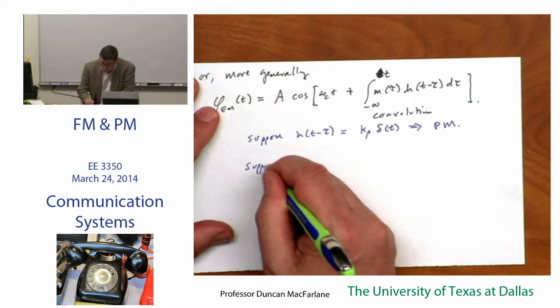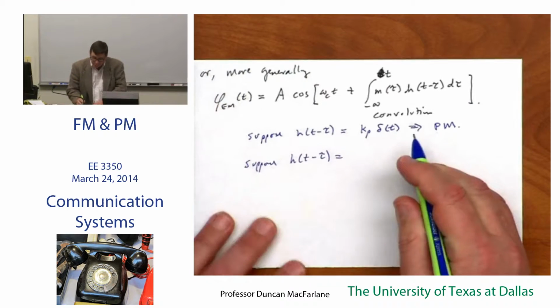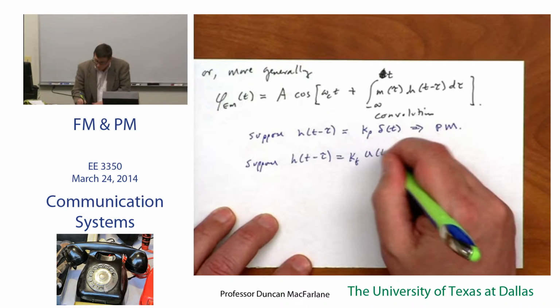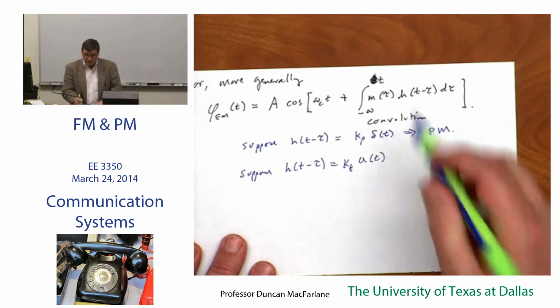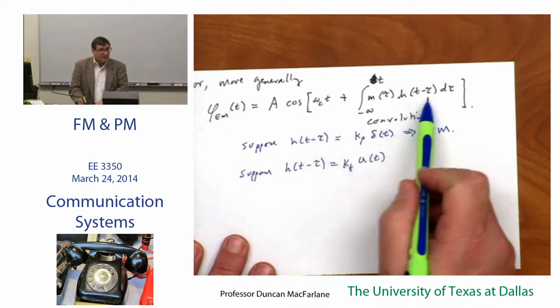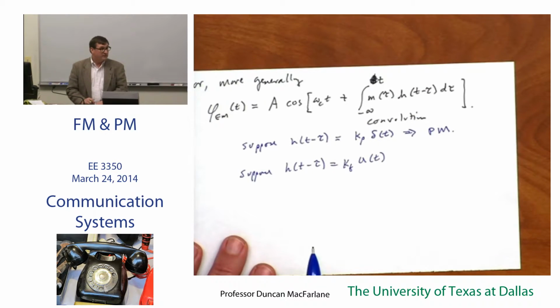Suppose h of t minus tau was equal to Kf times the unit step function. That unit step function is just a 1, so I'll pull out a Kf times a 1. My limit of integration goes from 0 to t, but I won't worry too much about that.